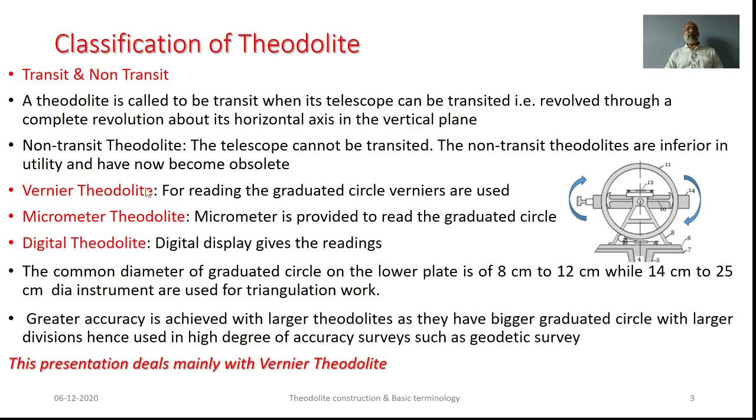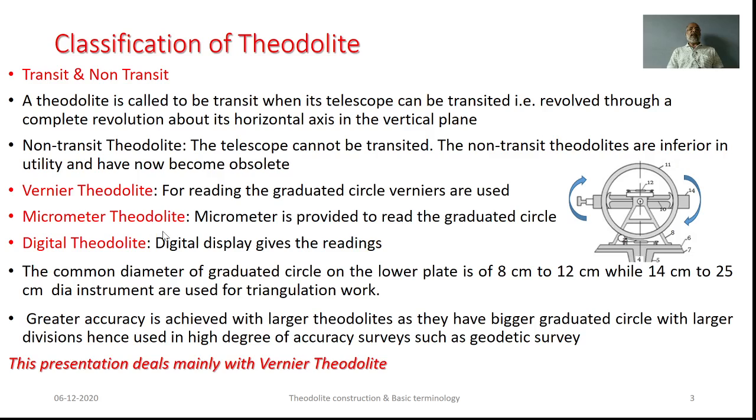Theodolite can also be treated as vernier theodolite, micrometer theodolite, digital theodolite. Here, the vernier theodolite is a mechanical theodolite. It is provided with the verniers in order to measure the angle in horizontal plane as well as vertical plane, and hence it is called vernier theodolite. Whereas micrometer theodolites are optical equipment.